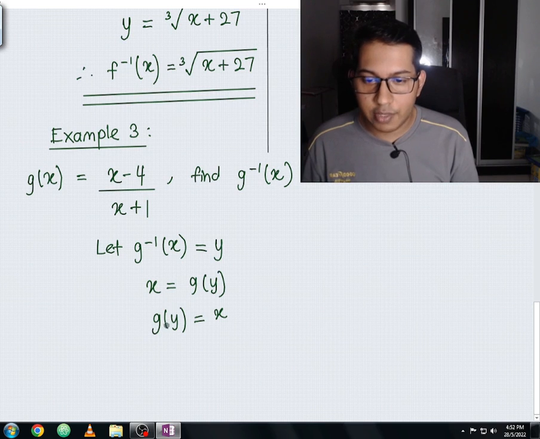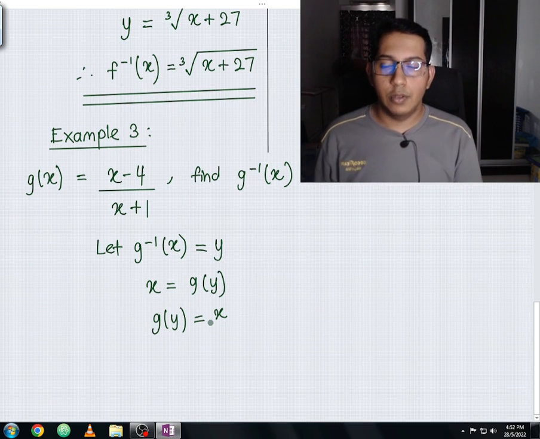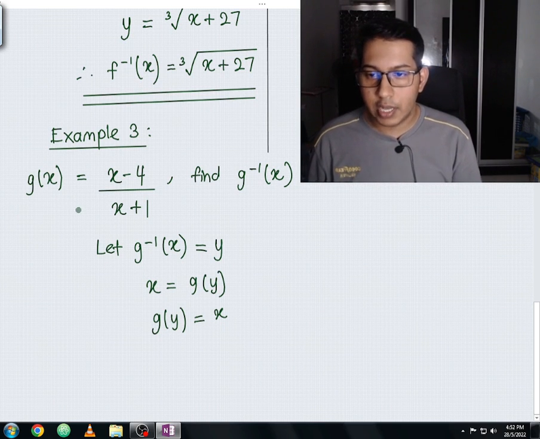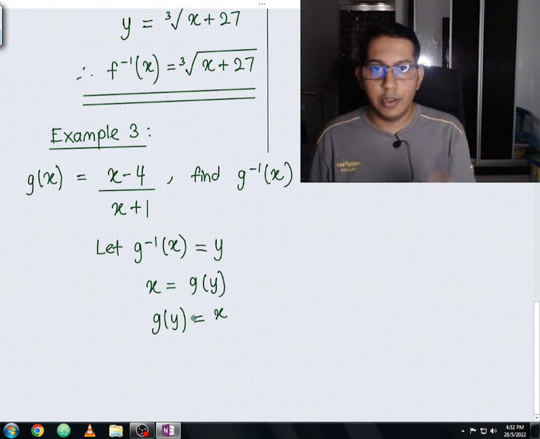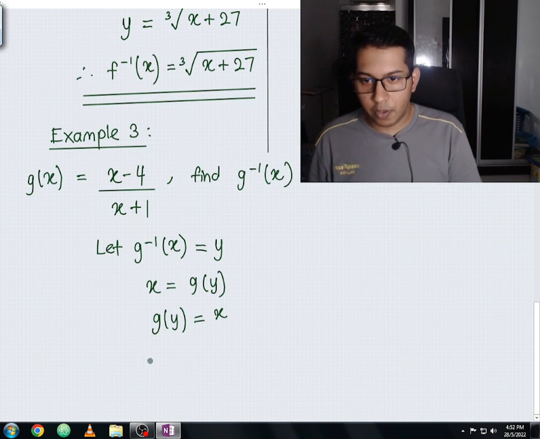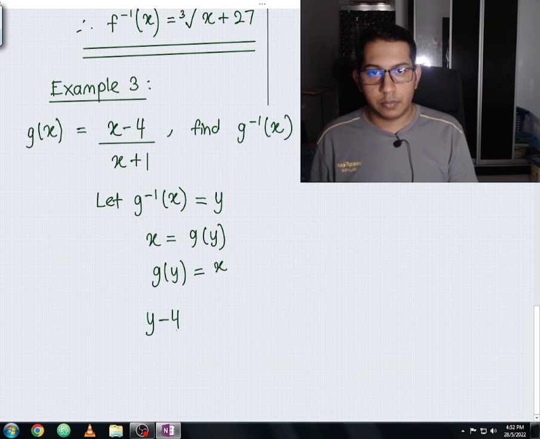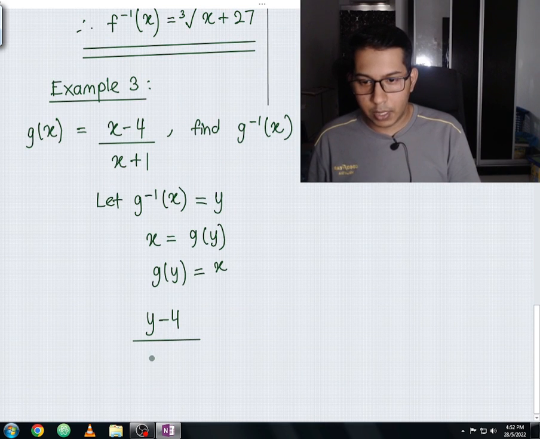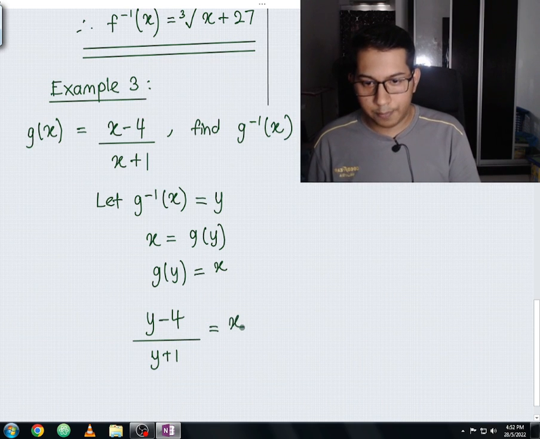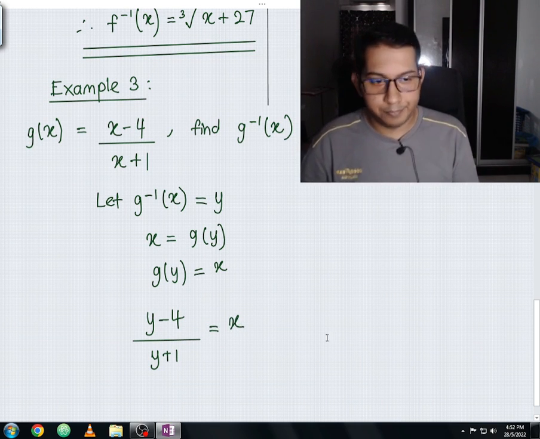Since you have g(y) equals x, what we're going to do now is substitute the y into g(x), and then equal it to x. So from here, y minus 4, divided by y plus 1, equals x.